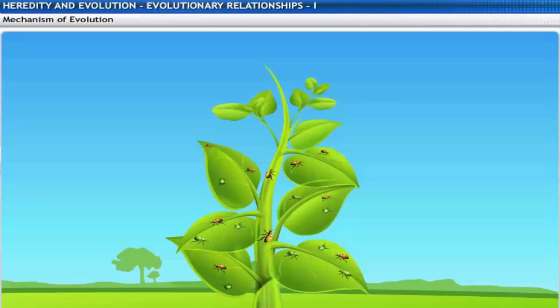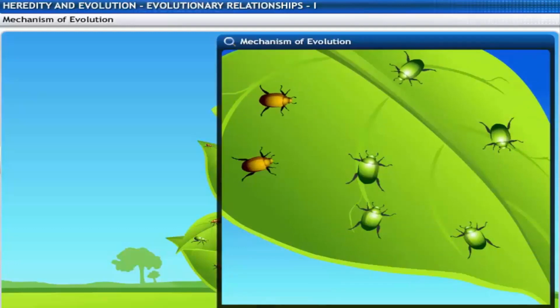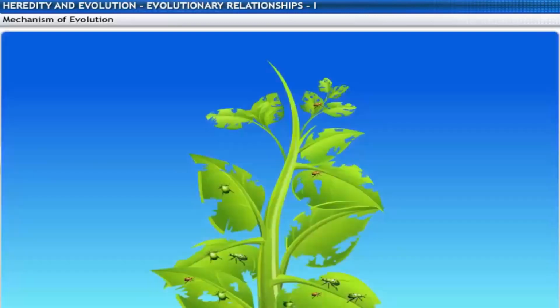To understand evolution, let's look at some examples. These are two different beetle populations. Both these species of beetles usually feed on the leaves of a particular bush. We will see which of these beetle populations is an example of evolution. The bush gets infested with a disease, and the amount of leaf material available to the beetles is reduced.